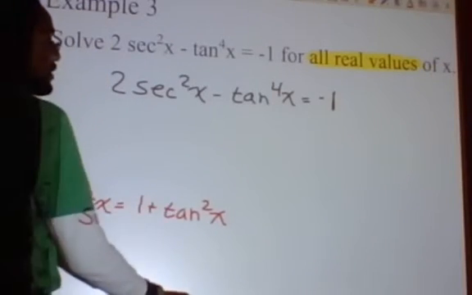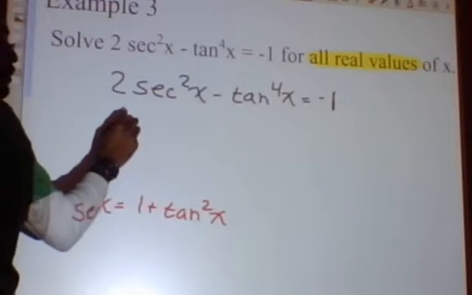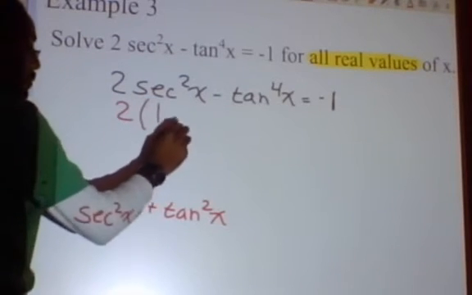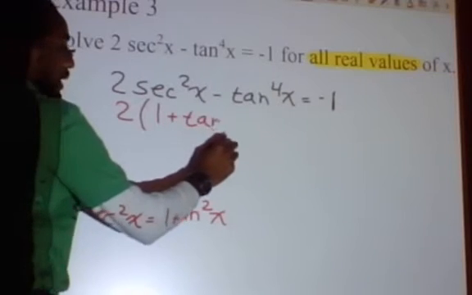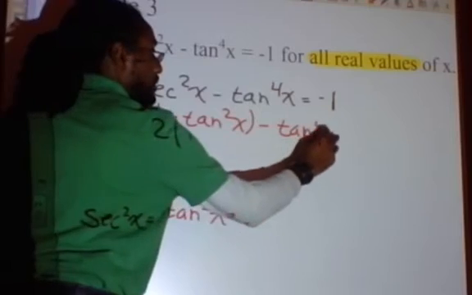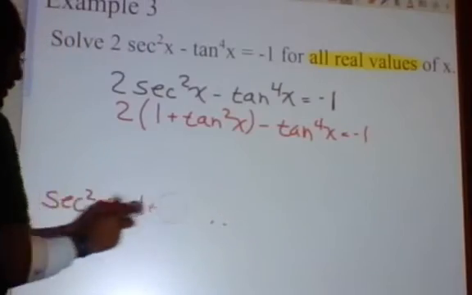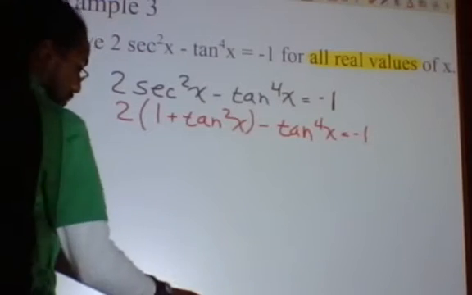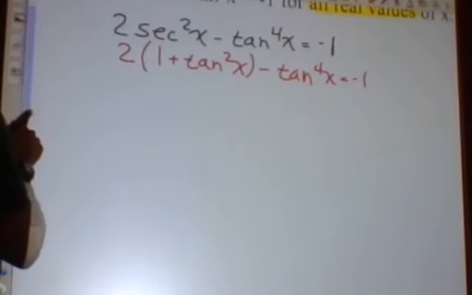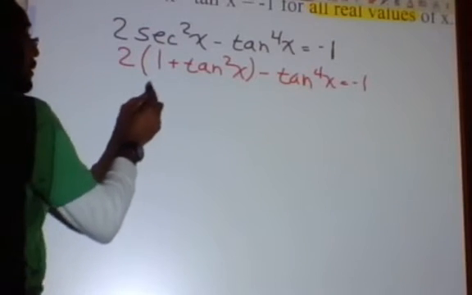I'm going to change this from secant to tan squared. So we're going to do 2 times 1 plus tan squared x minus tan to the fourth x equals negative 1. I'm going to erase this down because you already have that identity. We're going to do distributive property here.